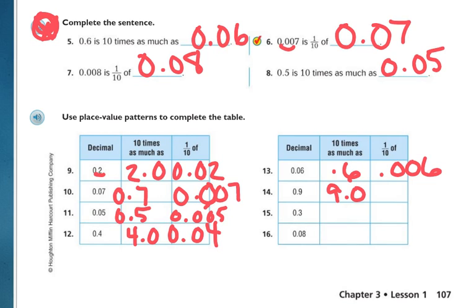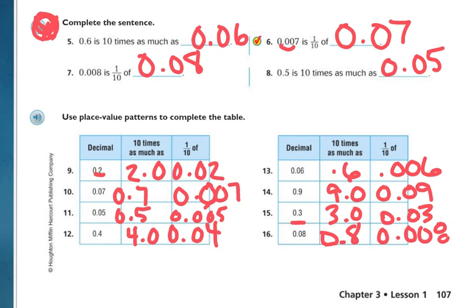Then when we're making it smaller with 1/10, it's going to be 0.09. On 3 tenths, it's going to be 3, right? When I make it 1/10 of that, it's going to be 0.03. 0.08 is going to be 0.8, and then when I make it smaller with the 1/10, I'm going to say 0.008.